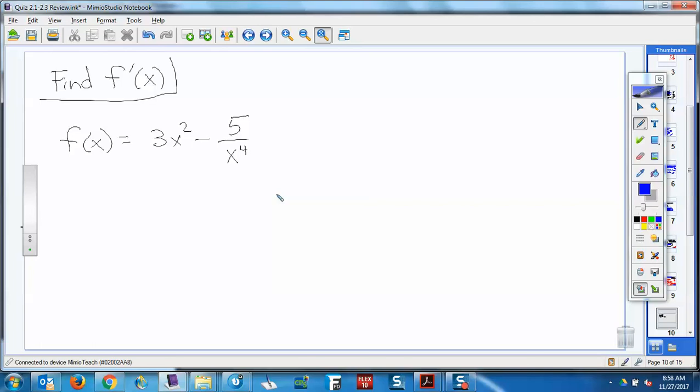So I put some with x's with negative powers, because that's what you'd have there, or x to the bottom, whatever. So here's f. You find f prime. I'm not going to do any antiderivatives on the quiz. We talked about it a little bit. That'll be the next quiz, so don't worry about antiderivatives.